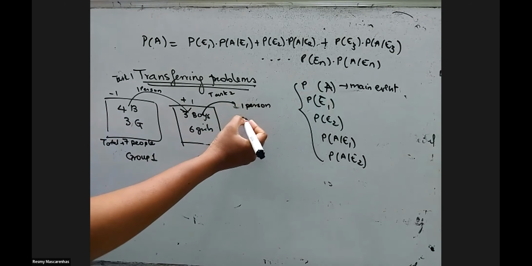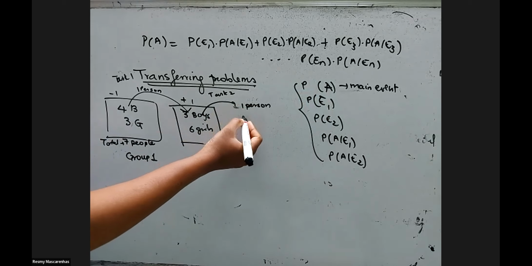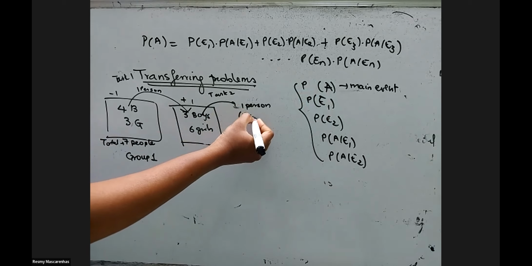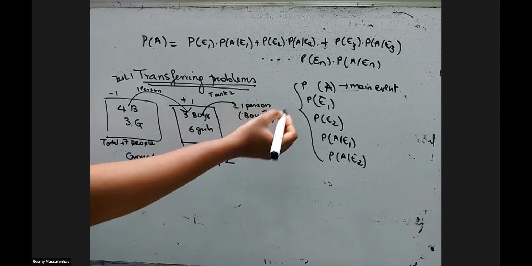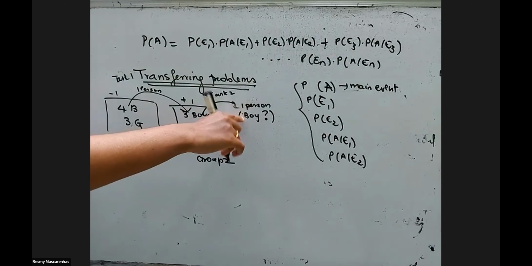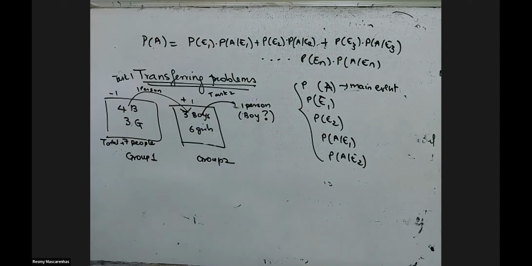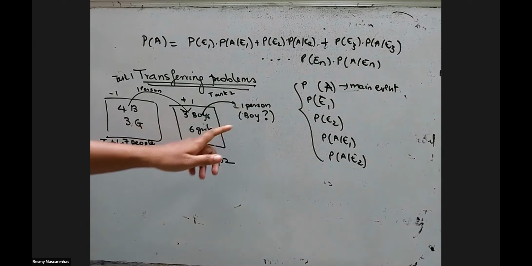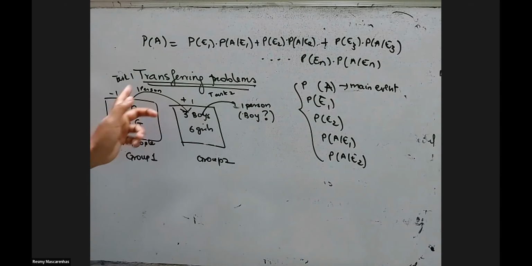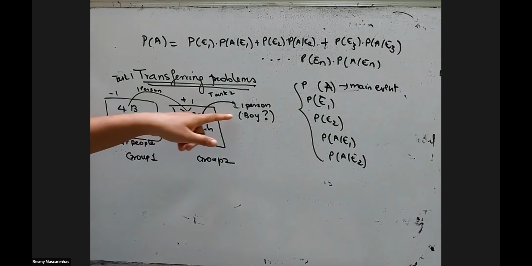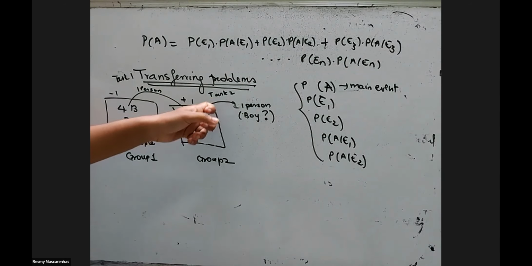What is asked? After selecting this person from group 2, what is the probability that it is a boy? Your main event is that the person selected from the second group is a boy. It depends on task 1, because you have to know whether a girl or a boy was transferred. Accordingly, the chances will change.